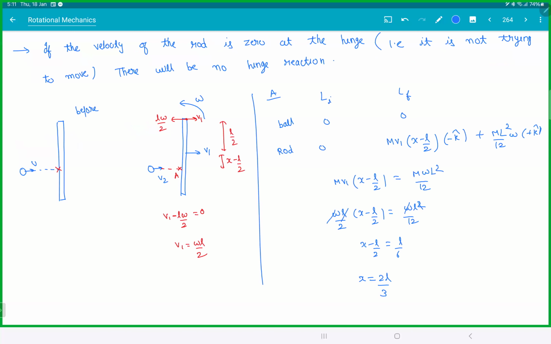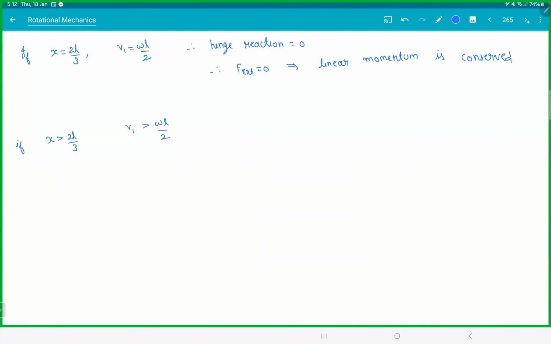If x is greater than 2L by 3, it will become more in the denominator. So V1 should be less than omega L by 2.